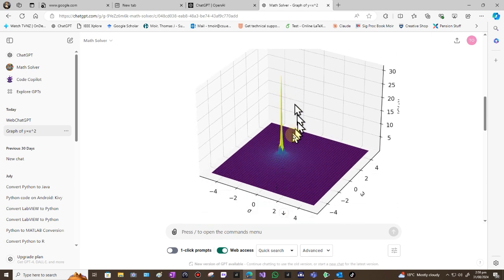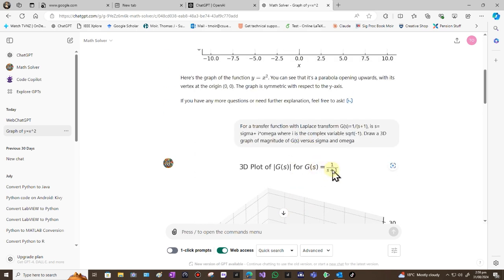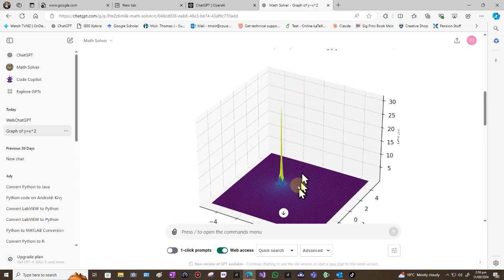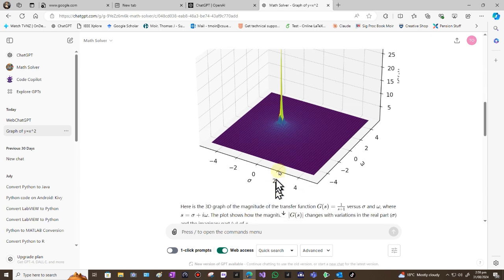And again, looking down, you can see it's only got one pole at -1. Looking down from an aircraft, an aerial view, you just see the cross there is the S-plane, and it's just one pole at -1. So the real axis is along here, and that's the imaginary axis this way.